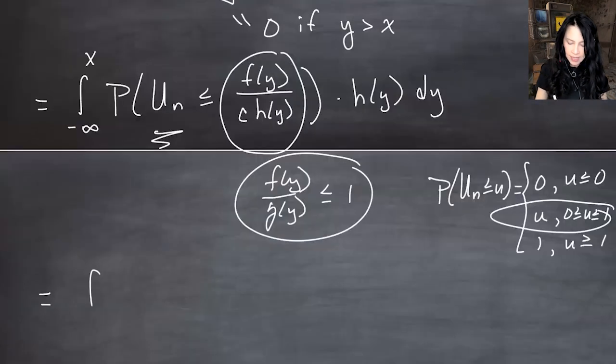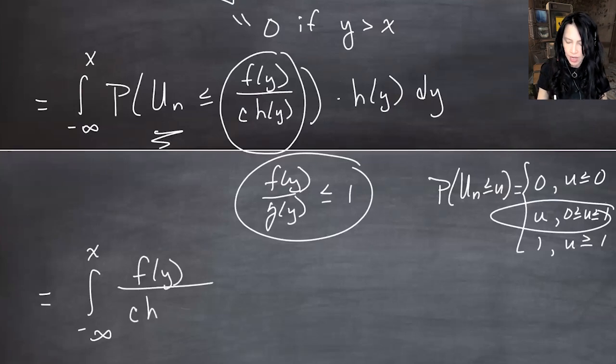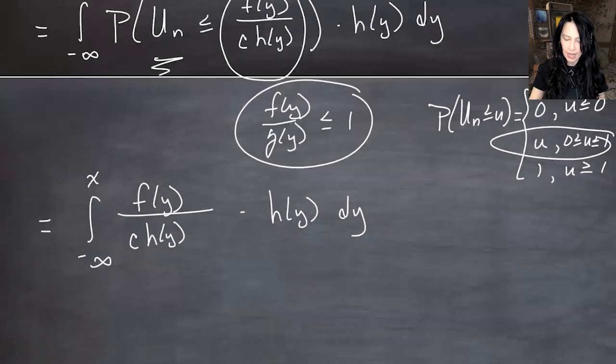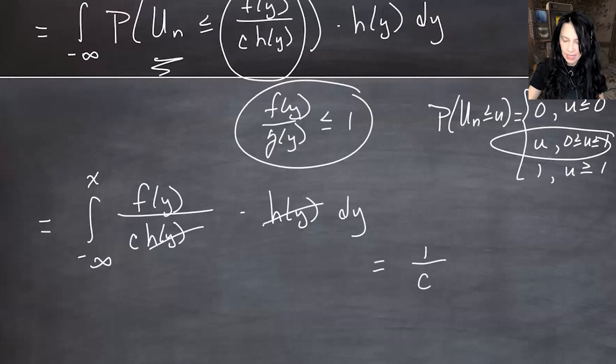And this is the integral from minus infinity to x of just the argument, the f of y over c h of y, and then times h of y dy. And we get cancellation. And we get 1 over c, the integral from minus infinity to x of f of y dy.